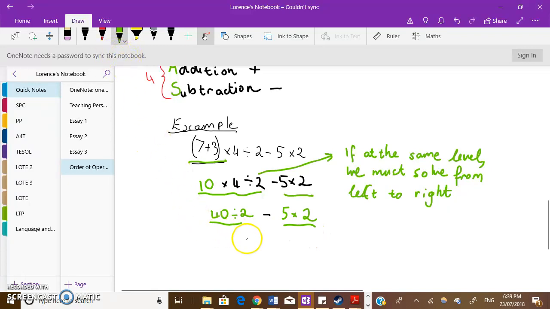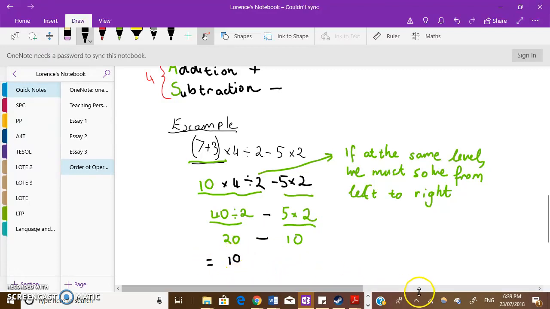So 40 divided by 2 is 20, and 5 times 2 is 10. It will be 20 minus 10, and therefore the answer will be 10. So that is how we solve this one.